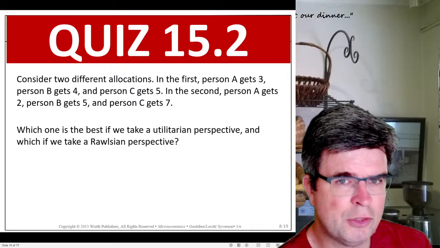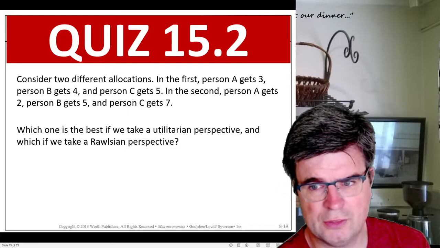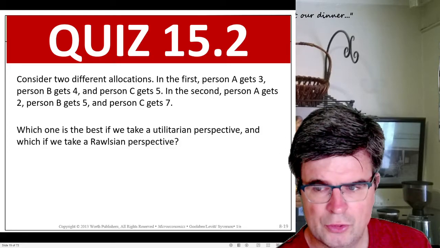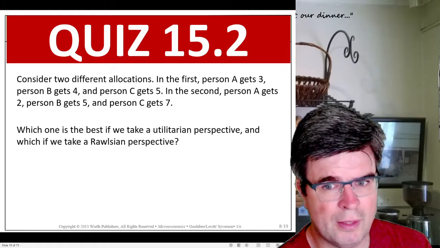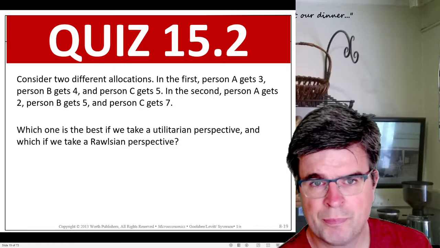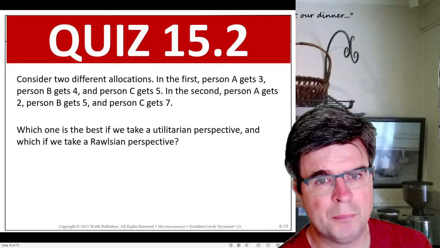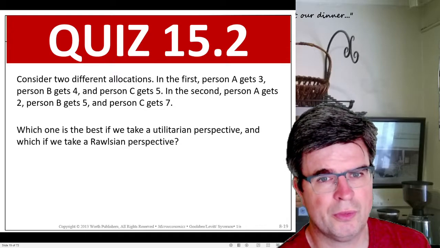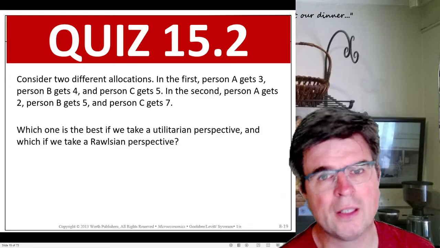In the second allocation, person A gets 2, person B gets 5, and person C gets 7. So then looking at the different welfare functions, which of the two allocations is best if first we take a utilitarian perspective, and second, which one is best if we take the Rawlsian perspective? I think this is a quite straightforward question. If you're not able to answer it, then you should go back a couple of slides.